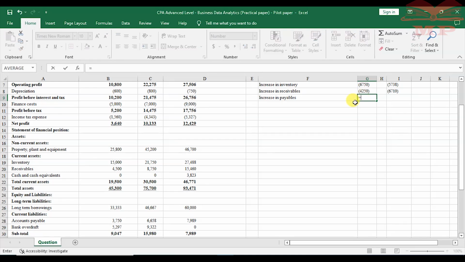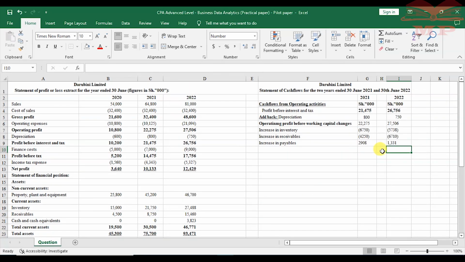Equal sign, increase in payables. Now we use this minus this one. The other one will be equal sign, here minus this, and that one is increase in payables.